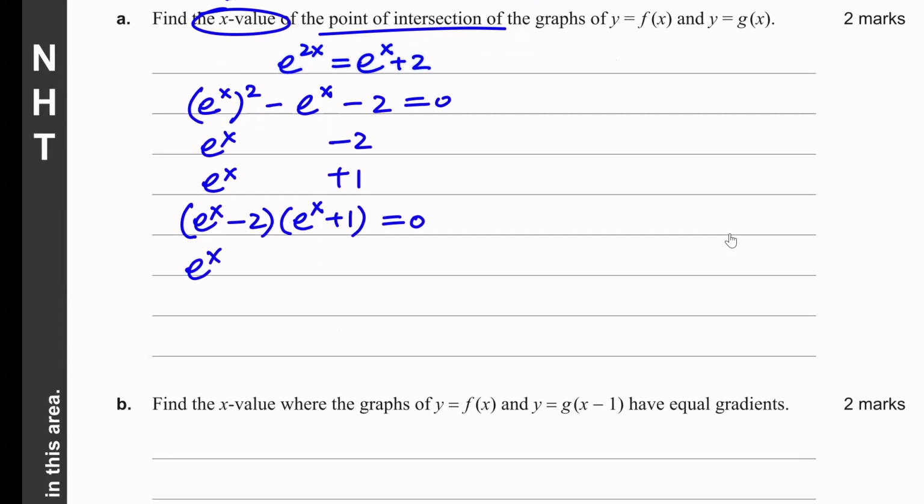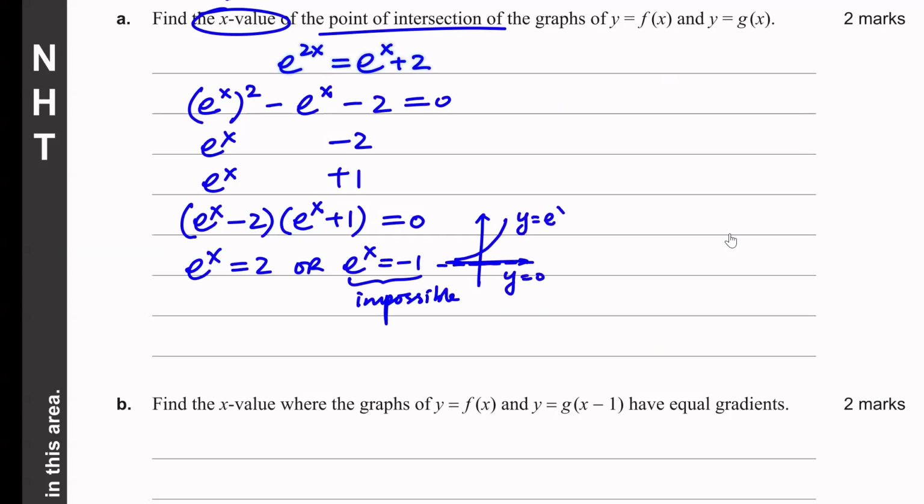And you get e to the power x equals 2 or e to the power x equals minus 1. Definitely impossible, because if you look at the shape of e to the power x, it's larger than 0. So knock that out. Therefore, your x is log e of 2 only.